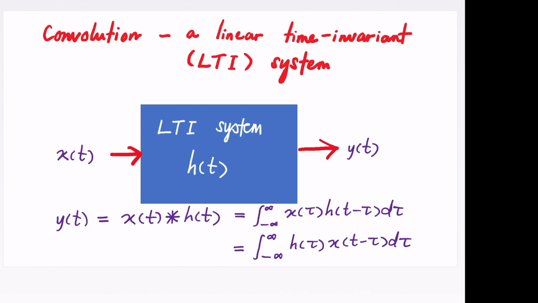So based on these two equations, before the integration is calculated, we have to multiply two signals, x(tau) with h(t minus tau), or h(tau) with x(t minus tau). Note that we use this symbol to represent the convolution operation.